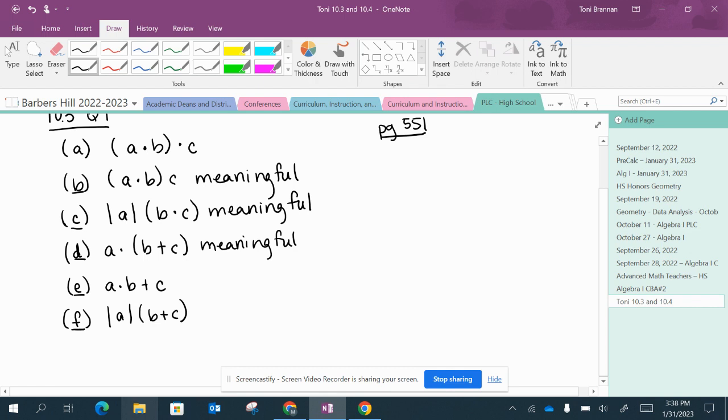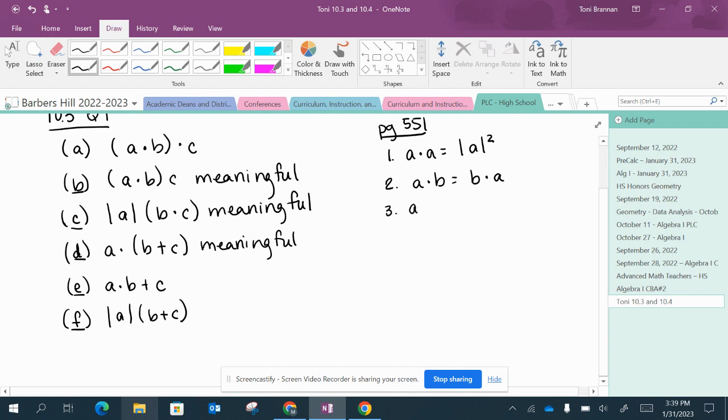It states if A, B, and C are vectors in V3 and C, the italicized C, is a scalar, then the following properties hold. Number one, A dot A is going to equal the length of A squared. Two, A dot B is the same thing as B dot A. The dot product between A and B is the same as the dot product between B and A.